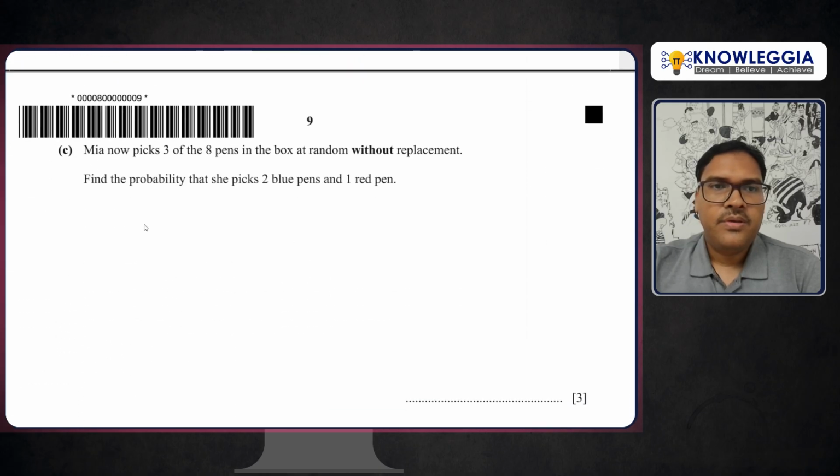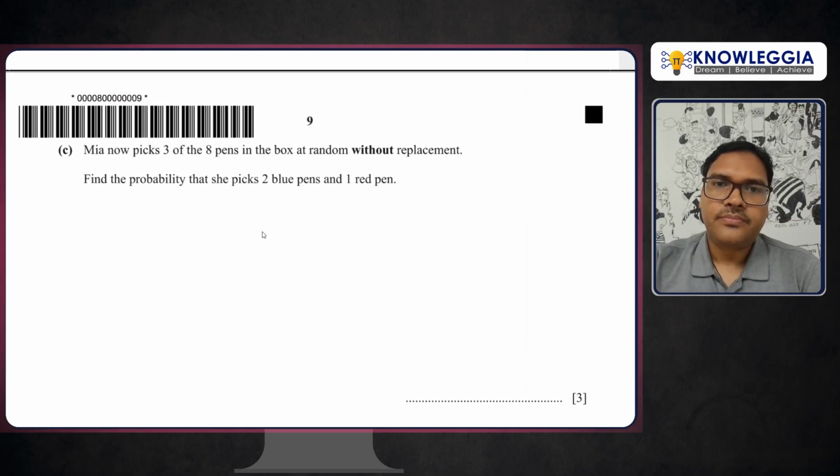Now the second part. Mia now picks 3 of the 8 pens in the box at random without replacement. Find the probability that she picks 2 blue pens and 1 red pen. Okay.